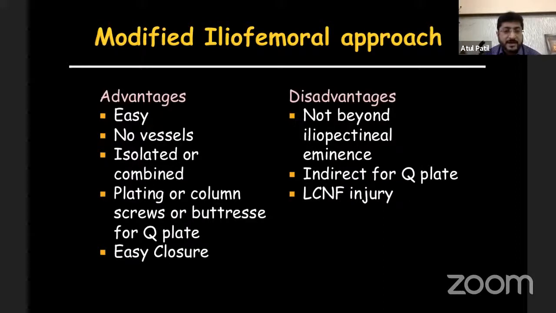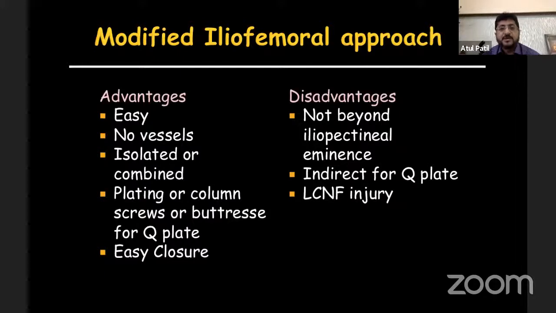Exposure of the AIIS is, I will say, a lighthouse for a variety of column screws. You can go for an anterior column screw, a posterior column screw, or an LC2 screw, and in the end, it is a very easy closure. Just tag the rectus femoris, close the ASIS osteotomy, and your closure is over.